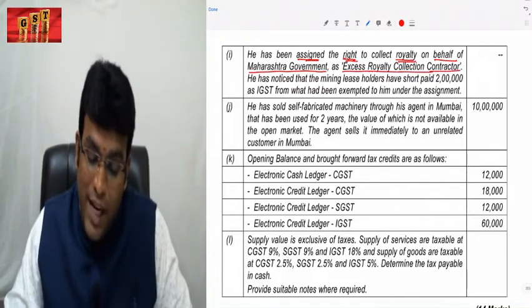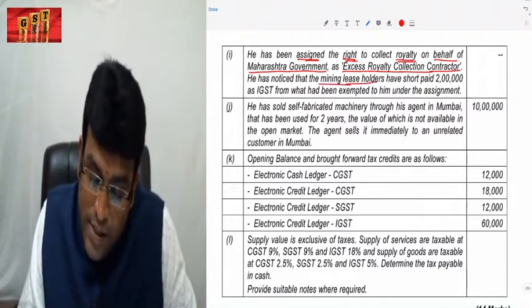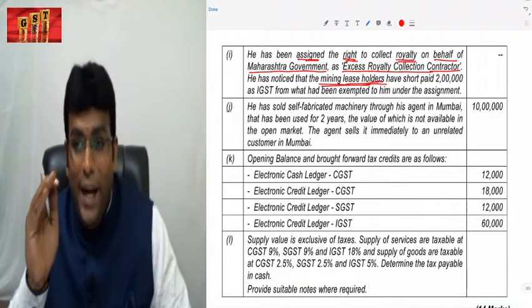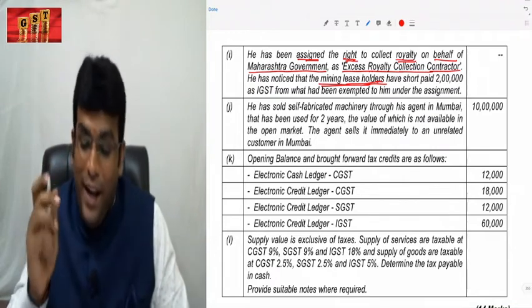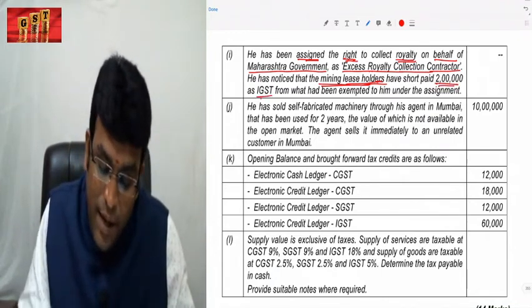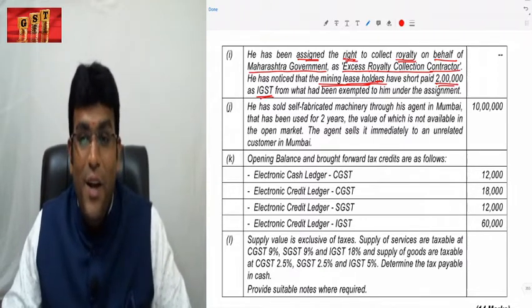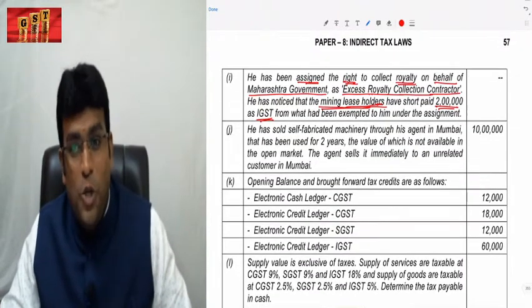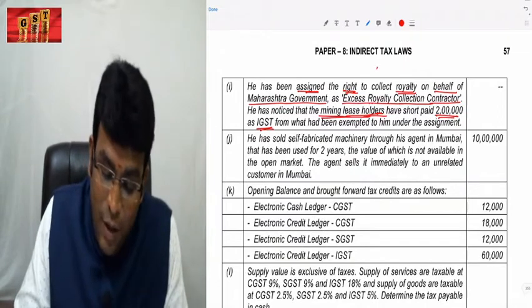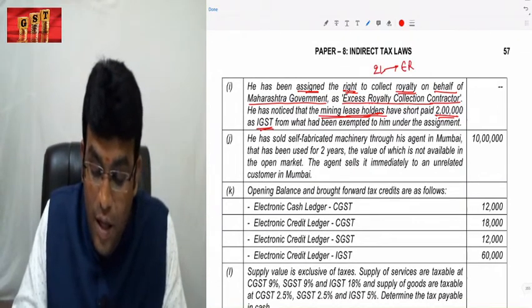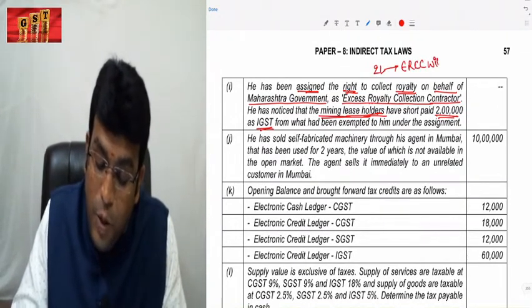He noticed that mining leaseholders have short paid 2 lakhs as IGST from what had been exempted to him under the assignment. So what was exempted was different, and they short paid 2 lakhs. Now this 2 lakhs ERCC will be liable to pay.